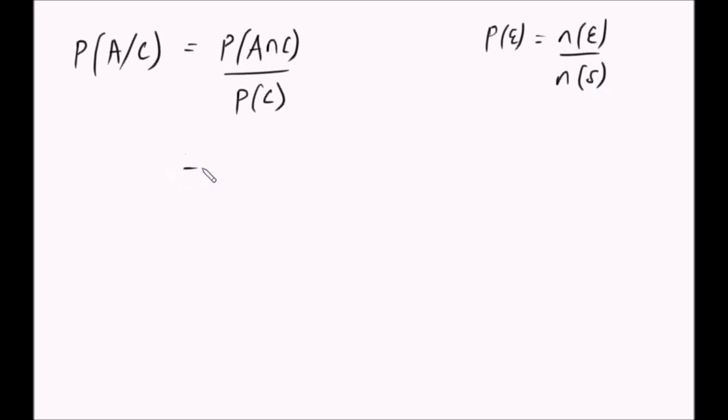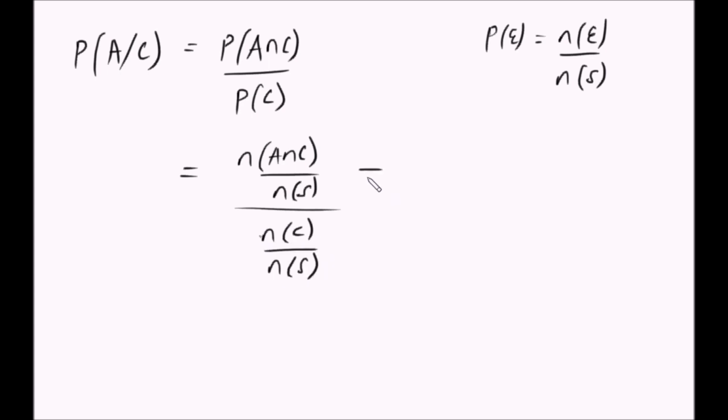So this is the number of elements of A intersection C over the number of elements of the sample space, divided by the number of elements of C over the number of elements of the sample space.